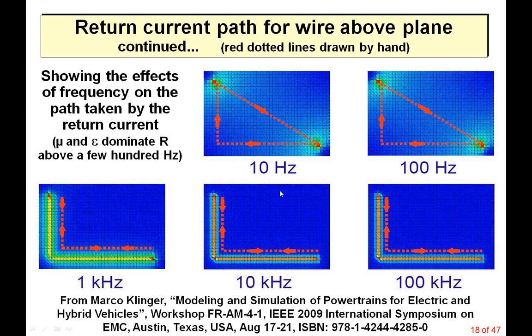Now the important thing here is that in this metal plate, even though there might be many amps of current flowing, because what these guys were doing was simulating a hybrid vehicle's electric motor powertrain, even though there might be tens or hundreds of amps flowing through the metal plate, they flow through a precisely defined path, and the rest of the plate doesn't have any current flowing in it.